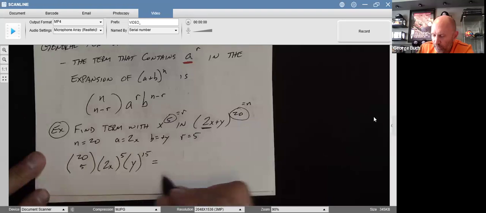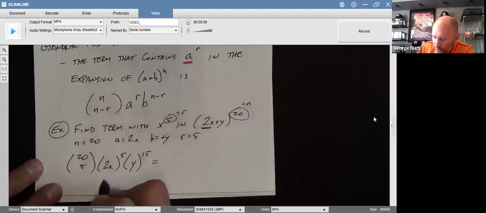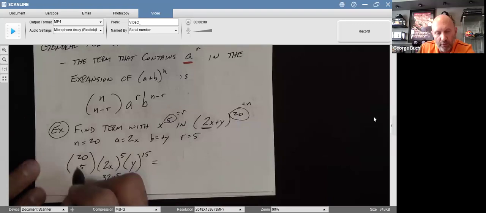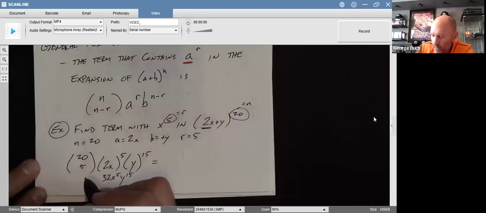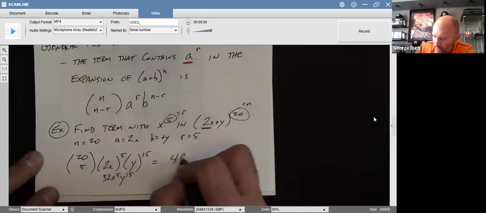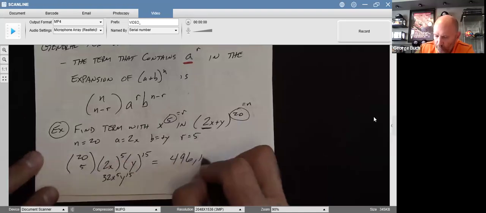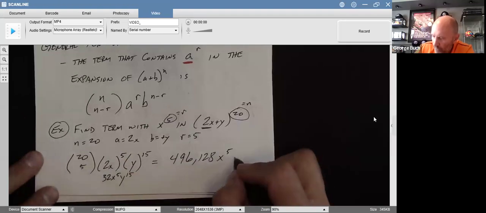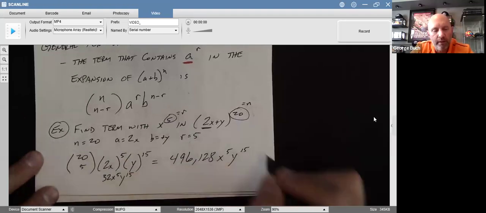You're going to need your calculator here, 2 to the 5th. This is 32, x to the 5th. This is y to the 15th. You'll have to do 20 choose 5, probably on your calculator. And when you multiply this all out, you should get 496,128 x to the 5th, y to the 15th.